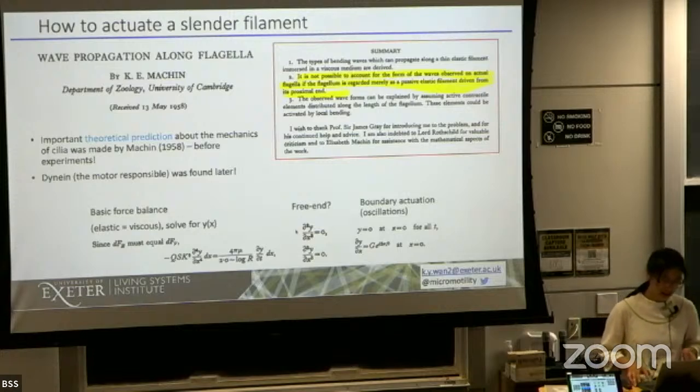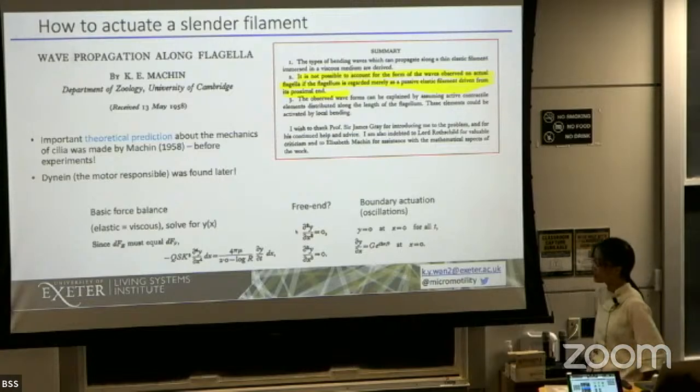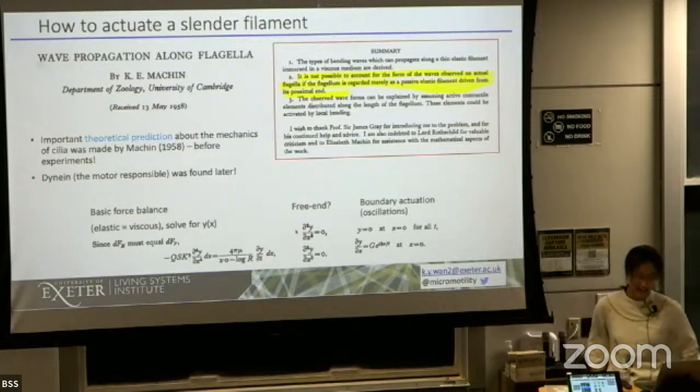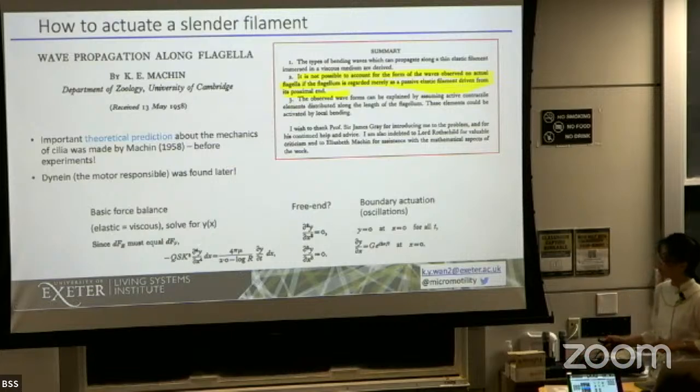And so in this case, we imagine a balance between elastic and viscous moments. And this is directly taken from the original study. And you end up with a PDE that looks something like this. I'll explain a bit more in the next slide, subject to these boundary conditions.